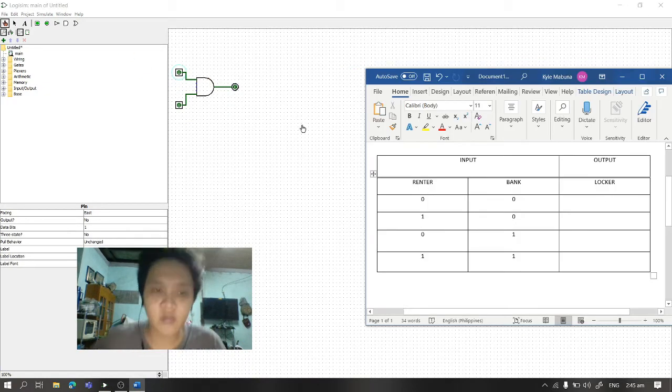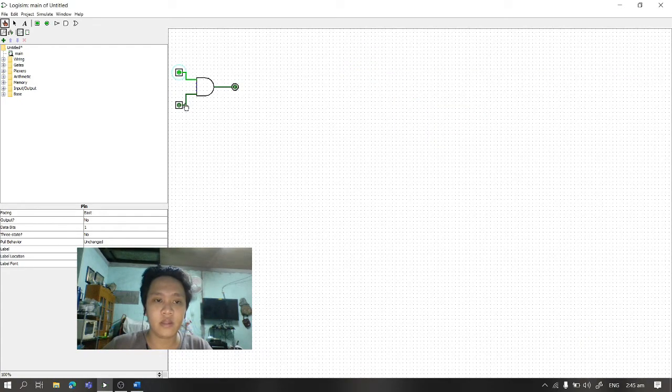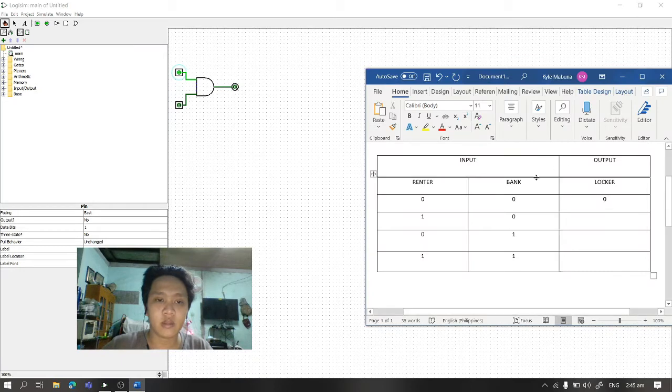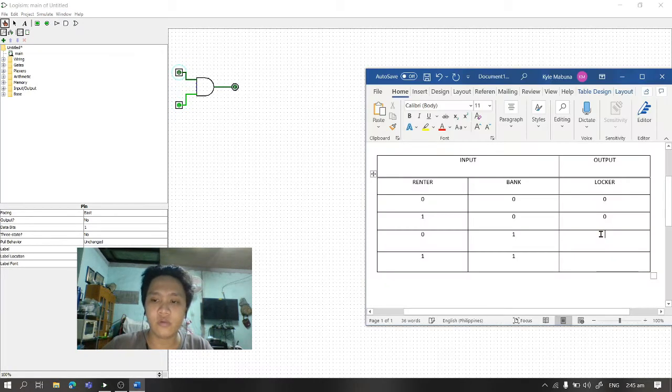To open the locker, if the renter is zero and the bank is zero, then the locker is also zero. If the renter is one and the bank is zero, then the output is zero. If the bank is one and the renter is zero, then the output is also zero.